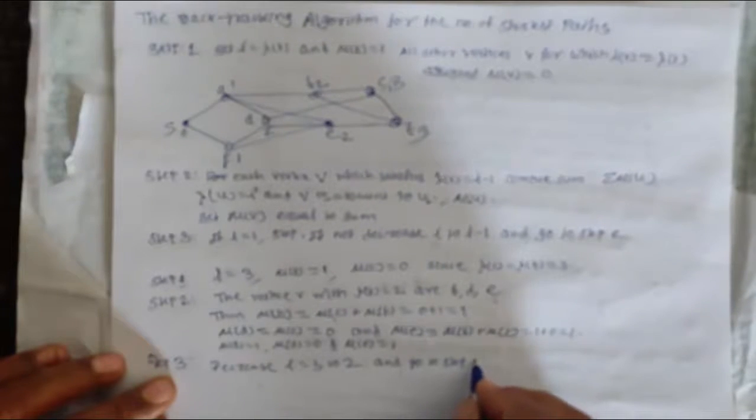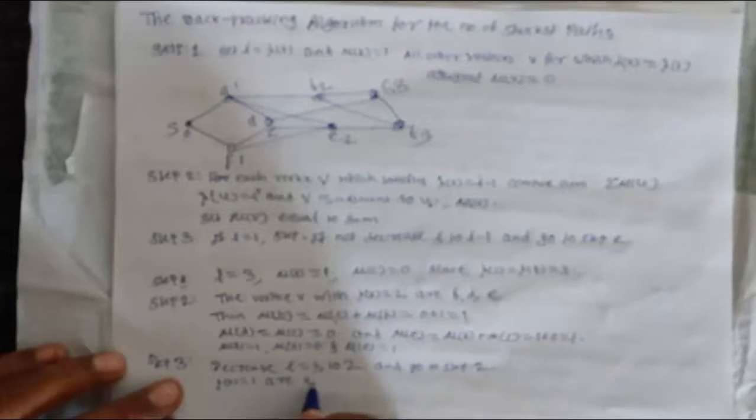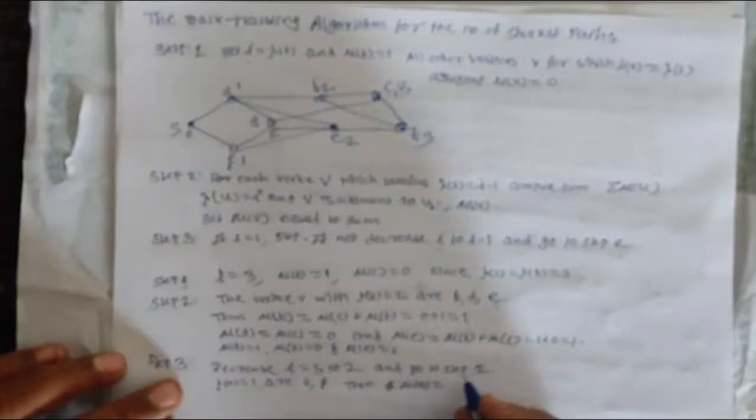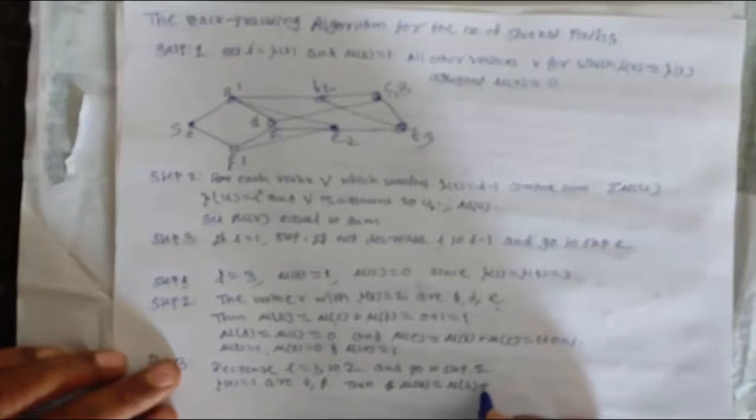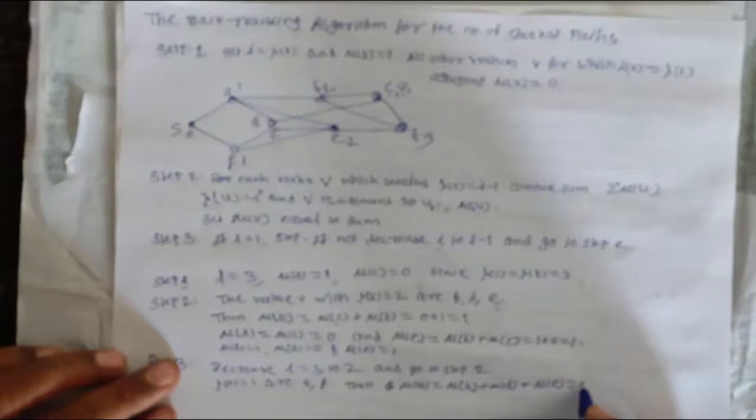The vertices here with lambda V equal to 1 are A and F. Then mu of A is equal to mu of B plus mu of D plus mu of E. Here mu of B is 1, D is 0 and E is 1.